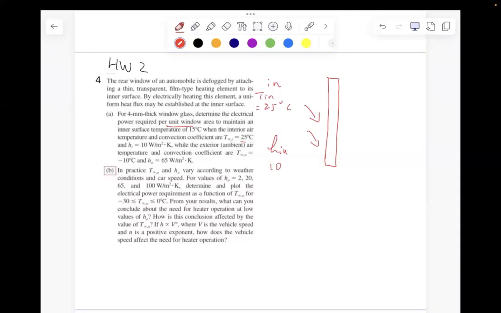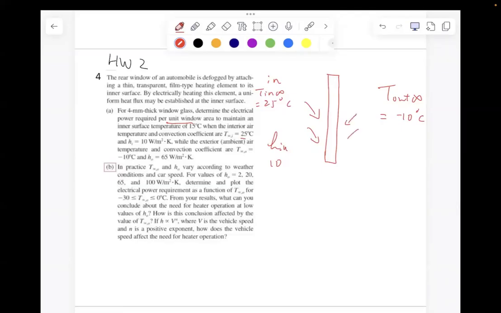On the other hand, the external temperature T_out, or T infinity out, is minus 10 C. And the convection coefficient on the outside, h_out, equals 65. All right.